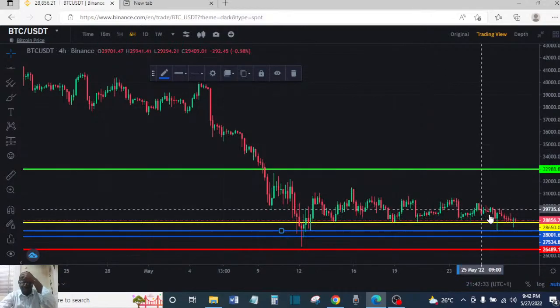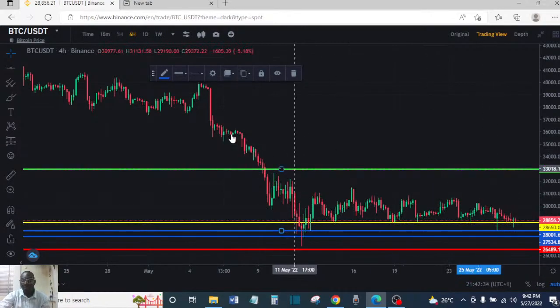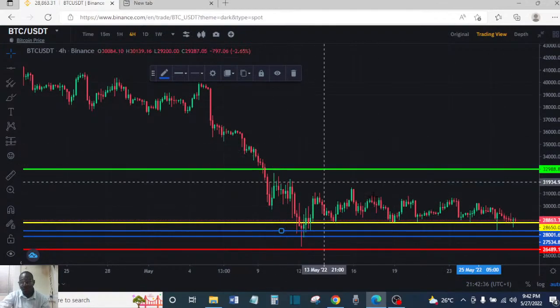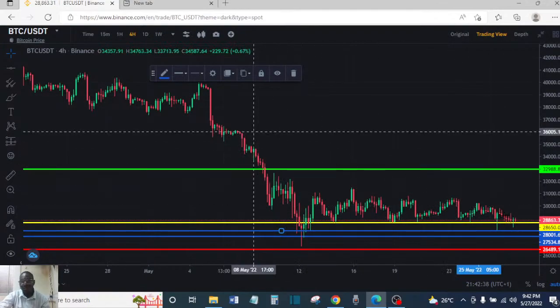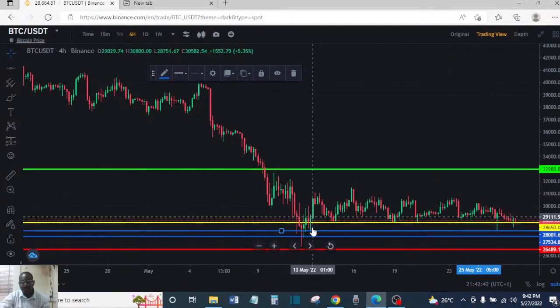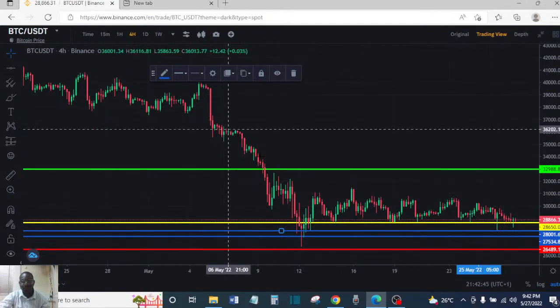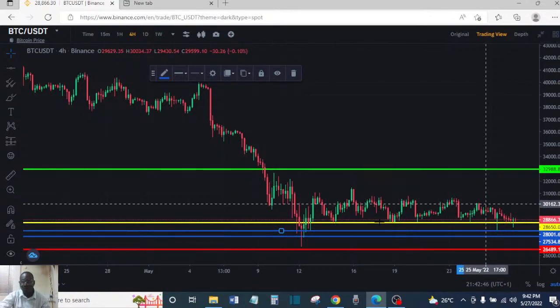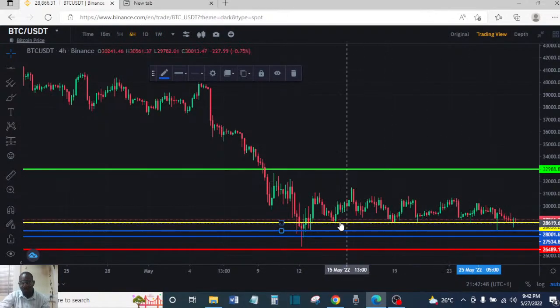If we don't take it out between today and tomorrow, then coming next week, all these stops will be taken out, okay. If there is a clearance to the downside, then, because this clearance is not enough, from my own view, but anything can happen.